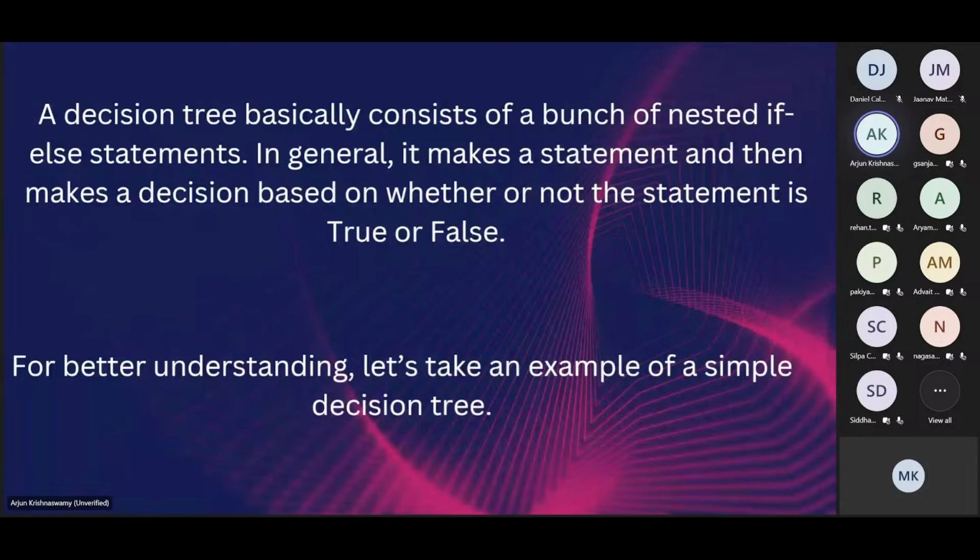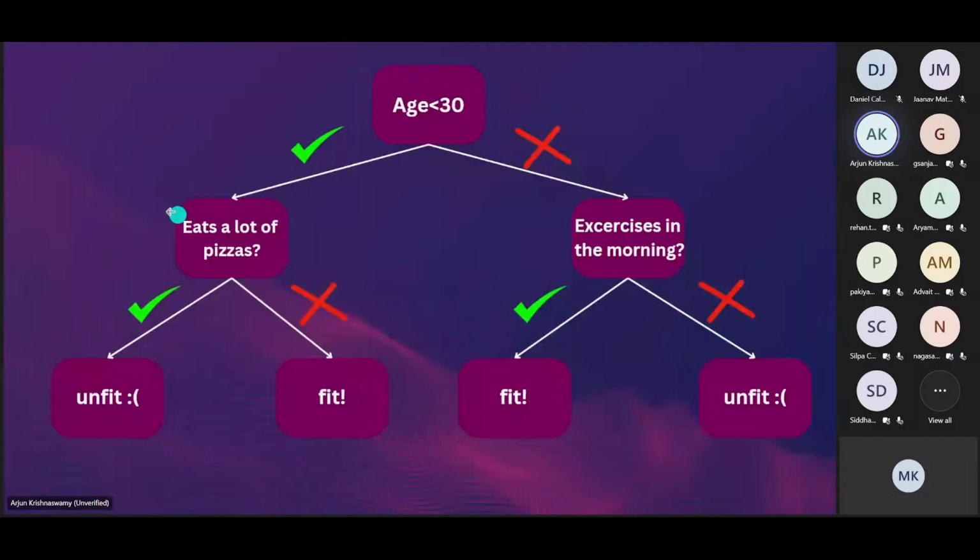So at each point, we ask ourselves a question, we make a statement, and then make a decision based on whether or not the statement is true or false. So this tree can be divided into a bunch of nested if-else statements. It'll be made more clear if we take a simple example. Yeah, so this will make it more clear.